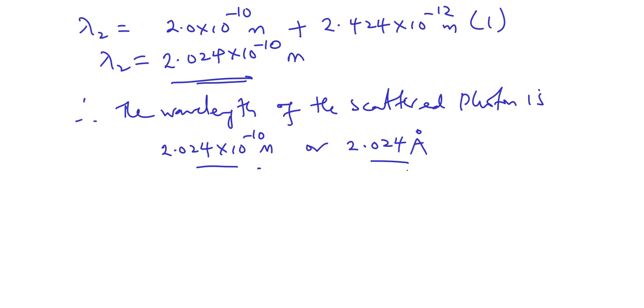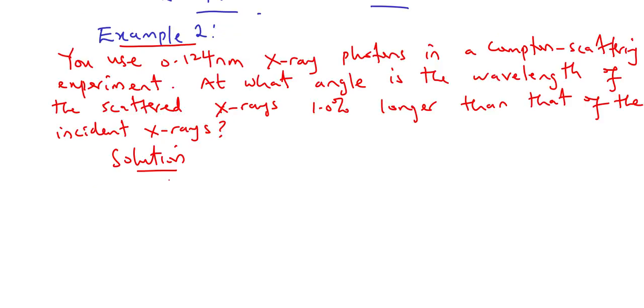All right, so let's take another example, example 2. The question is: you use 0.124 nanometer X-ray photons in a Compton scattering experiment. At what angle is the wavelength of the scattered X-rays 1% longer than that of the incident X-rays?